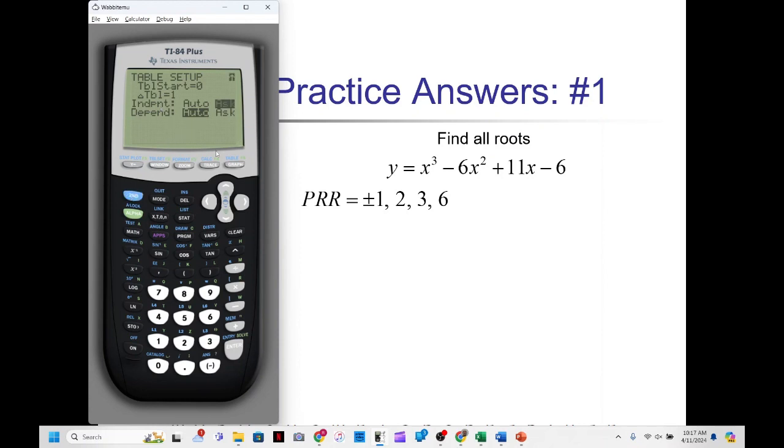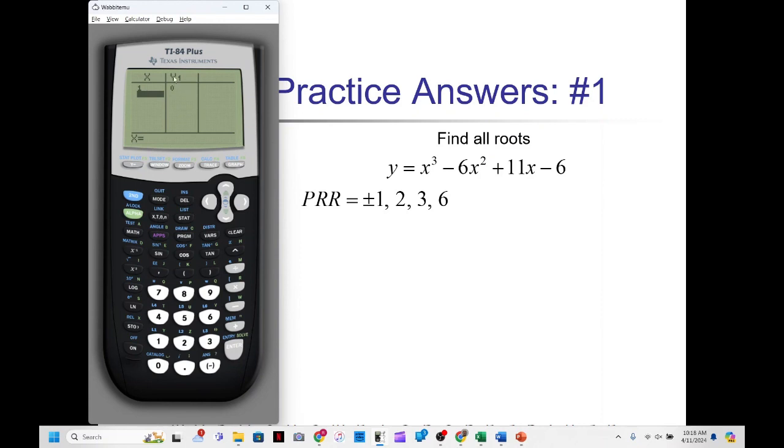So now I'm going to go to second graph to get table, and I'll start plugging in these different possible rational roots until I get 0 over on the other side here. So let me start with 1, and if I press enter, that gives me 0. So right off the bat, I found a rational root.